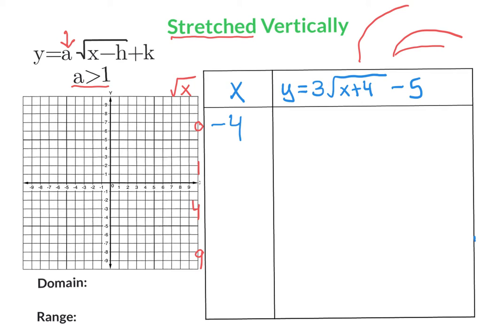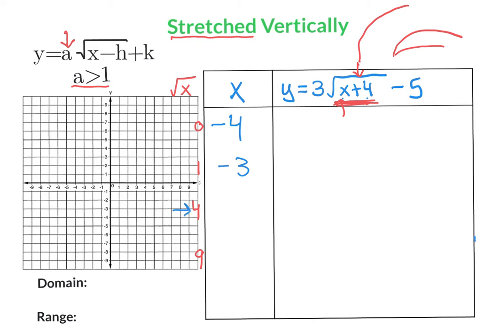So now we have x plus 4. I want to pick values of x that still get me 1, 4, and 9 underneath the square root. How can I get a 1 underneath the square root? I would get that if my x value is -3. -3 plus 4 is 1.